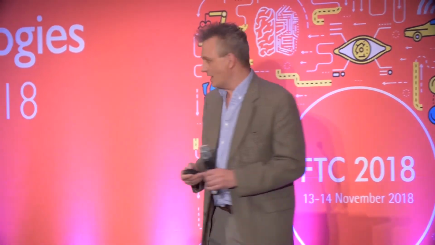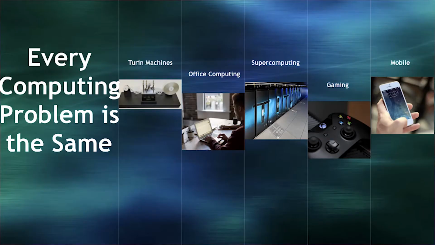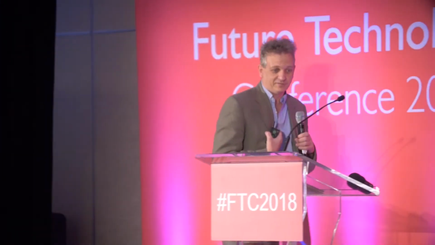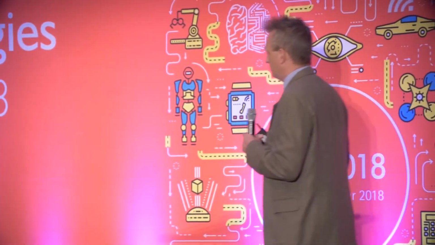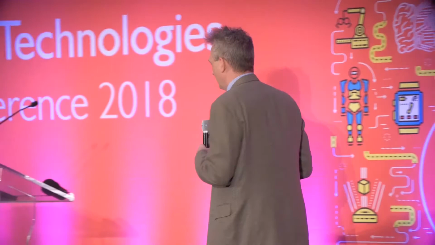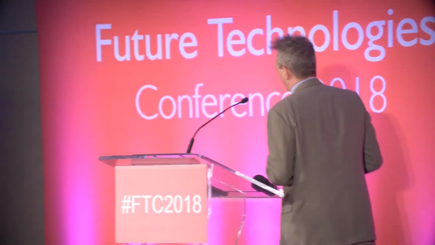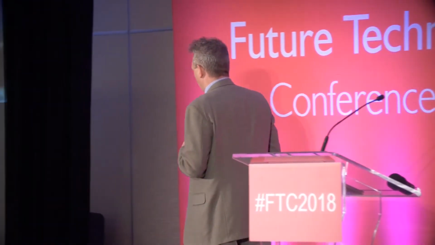I'm going to start with a statement that every computing problem is genuinely the same. I associate myself as a computer architect, but I've worked in areas of imaging, computer vision, semiconductors, even IoT devices, and high performance computing.